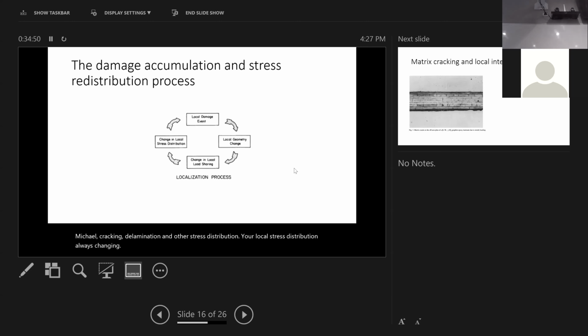One common trend is that the 0-degree layer, along the load direction, gradually gets more and more stress. With all the stress shedding events, the end result is you put more stress into the ply with the fiber aligned with the load direction. So this wheel keeps turning through the entire process: damage, load redistribution, damage, load redistribution.